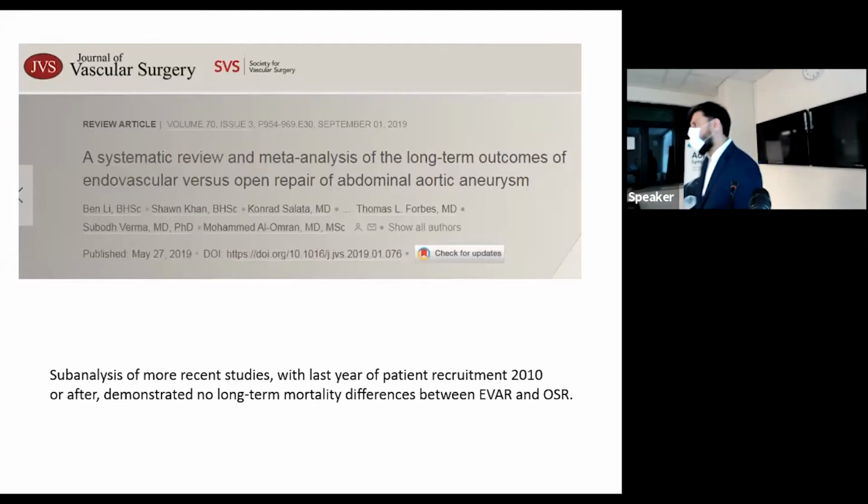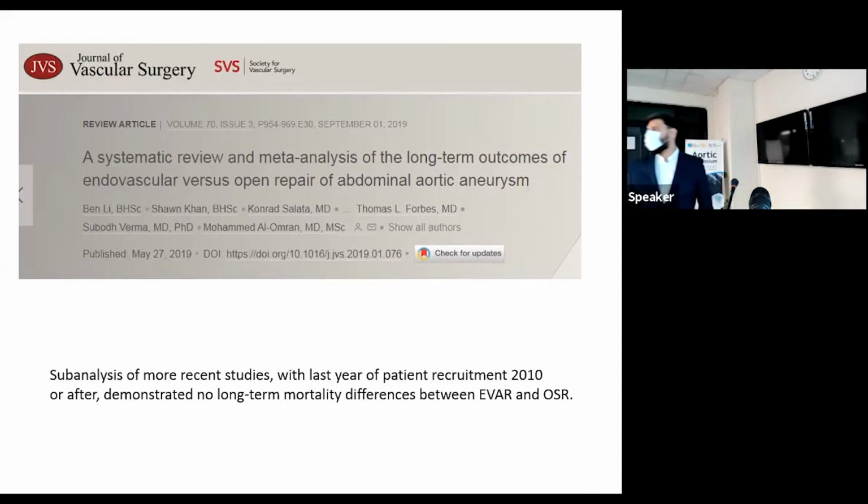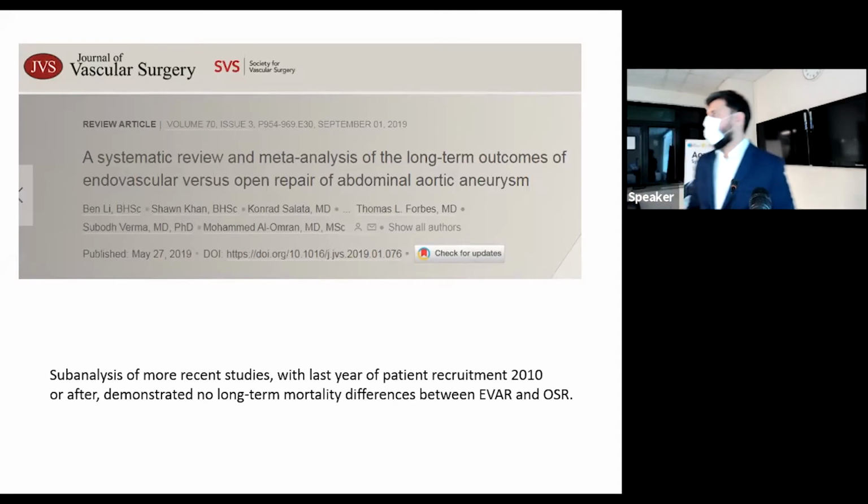This is another meta-analysis that was done in 2019. But it's not just an analysis of randomized controlled trials. They included all comers. They included all case series and observational studies and anything that they could get their hands on. And this was just before OVER published its updated long-term results, so I don't think they've taken that into account.